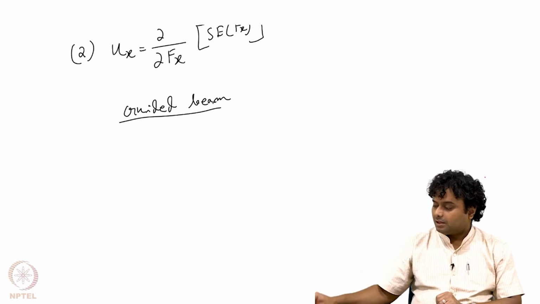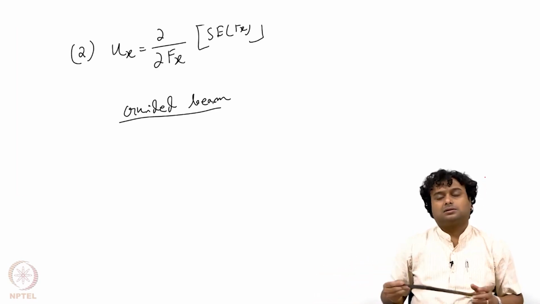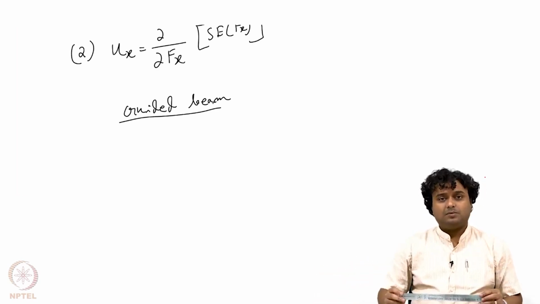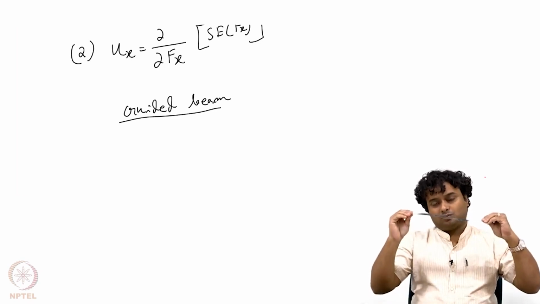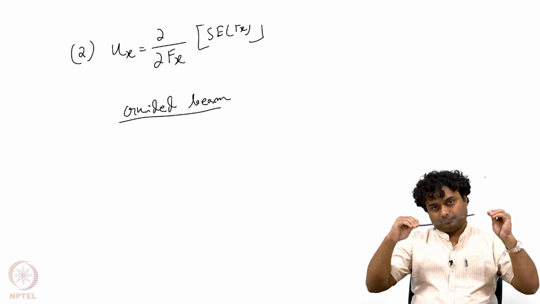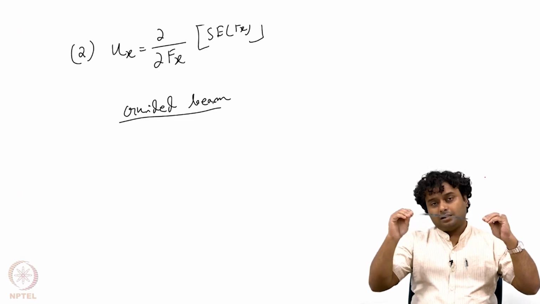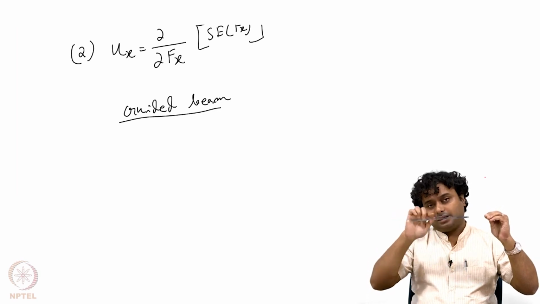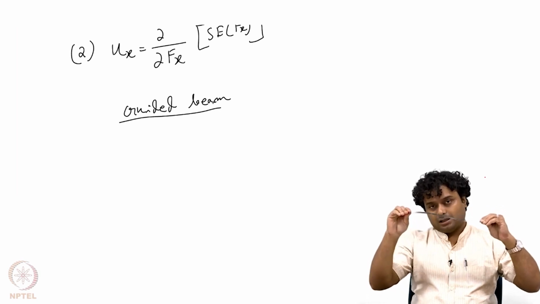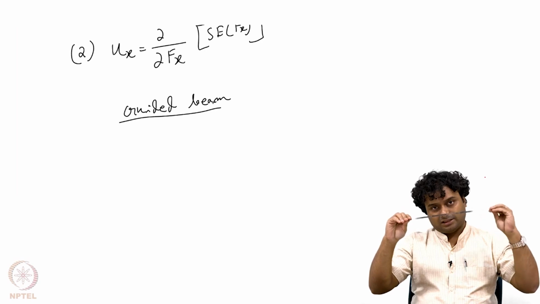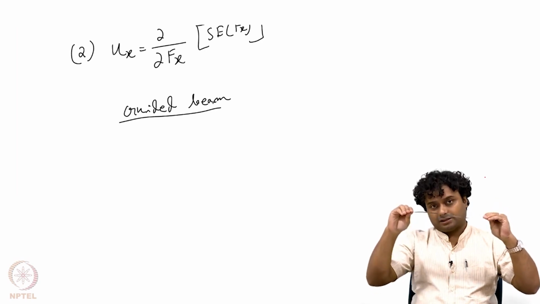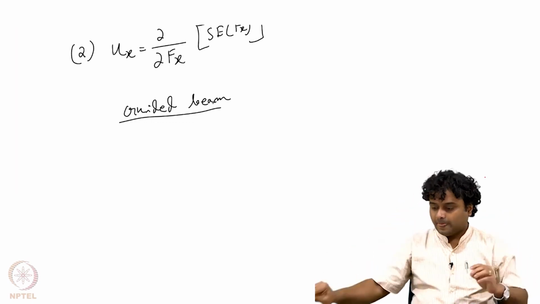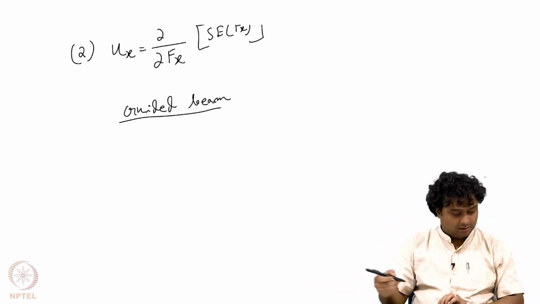If you remember, the guided beam was the case where one side is fixed and the other side is moving without any rotation at this end or any movement in this direction. Only this end is fixed and this end is moving, but only in this direction, up and down. So it is something like this.